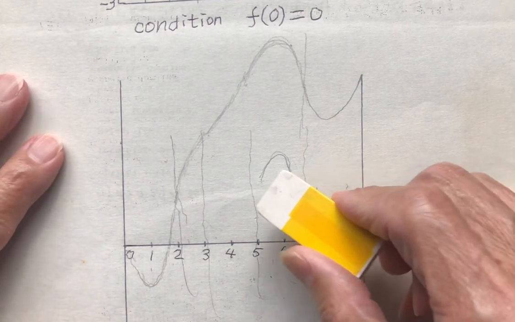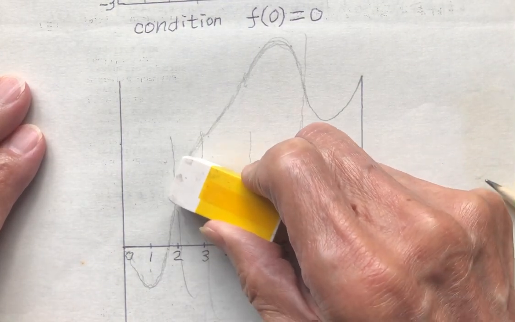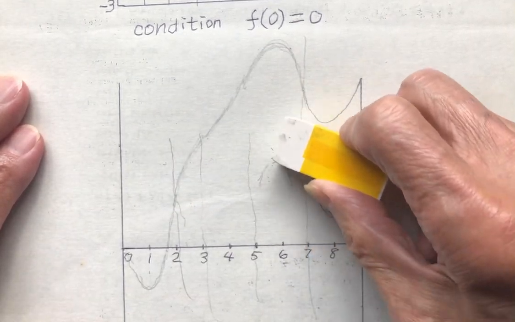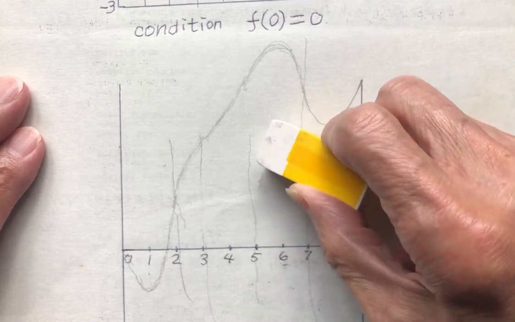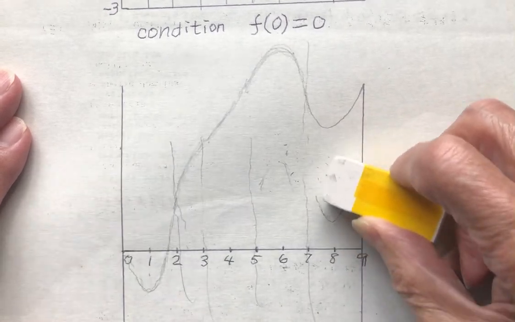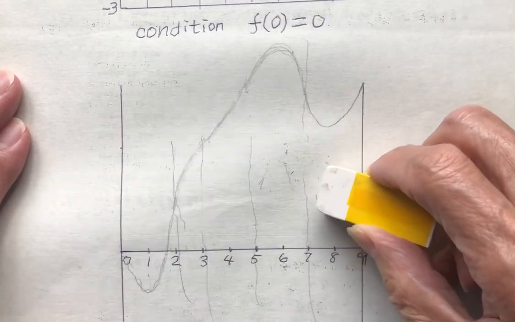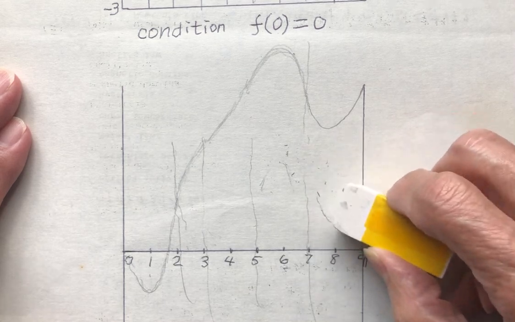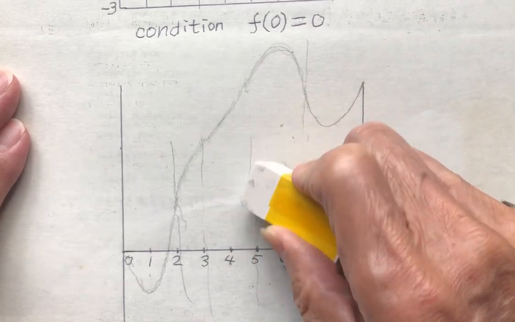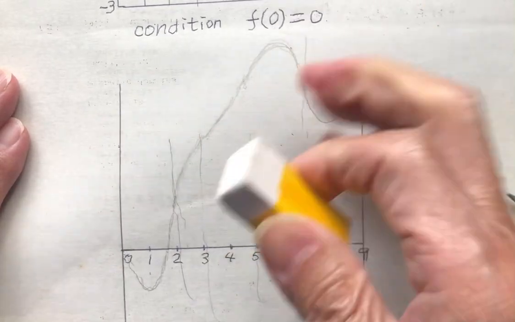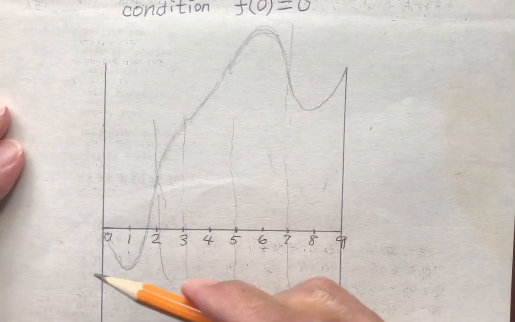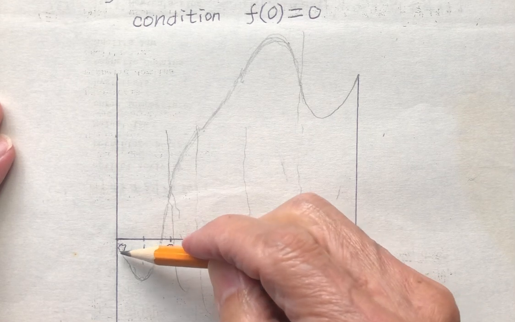So I erase my rough sketch here. Therefore, let me make this a little darker.